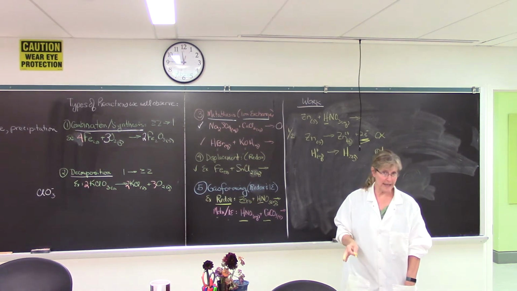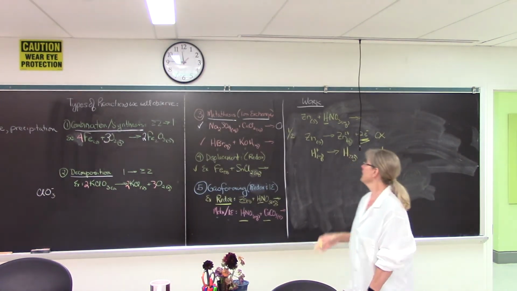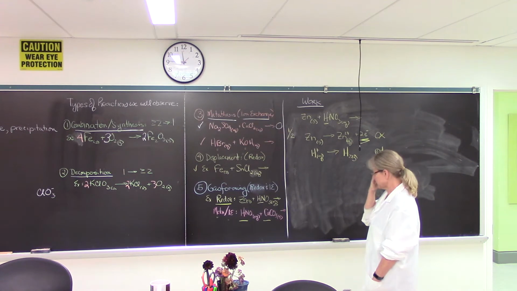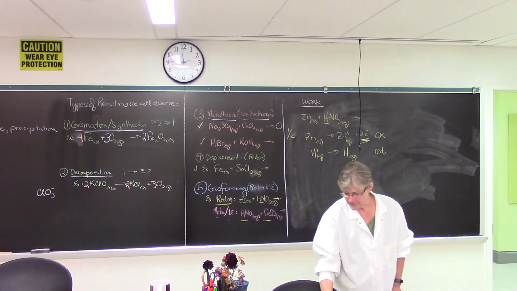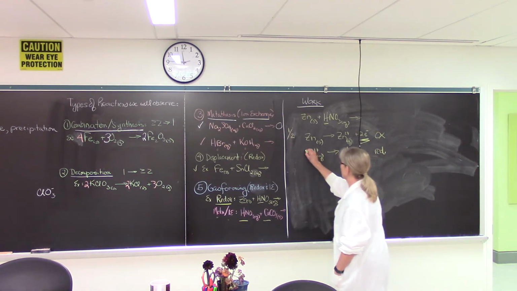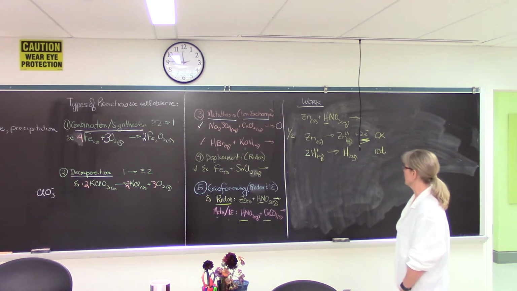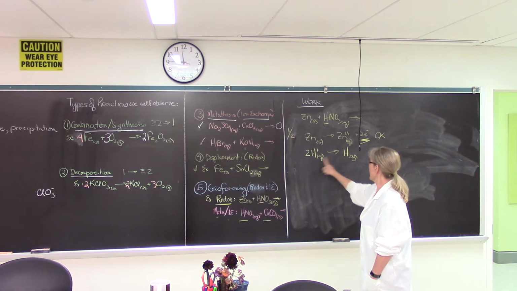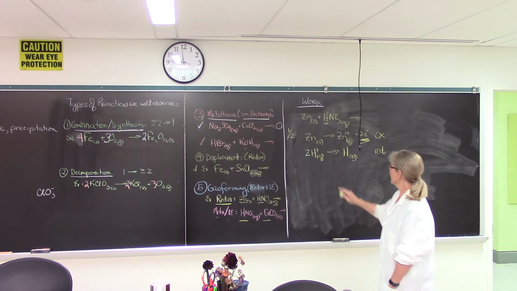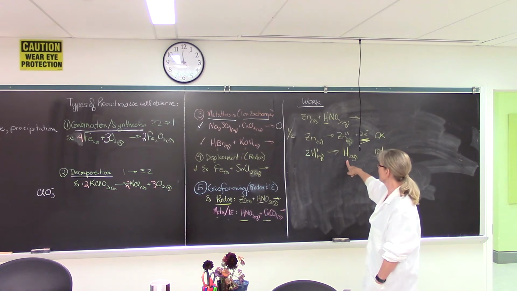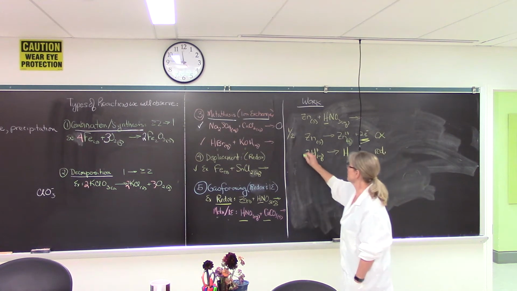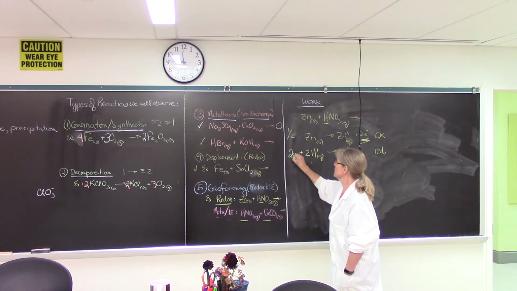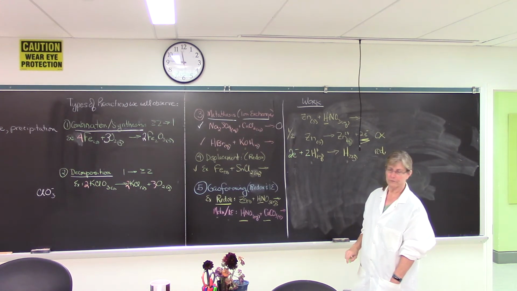There's no such thing as H, okay? H2 gas. So I've got an issue all of a sudden. I need to have 2 of those, don't I? Otherwise, my atoms don't balance. And in order for my charges to balance, I'm going to need 2 electrons.